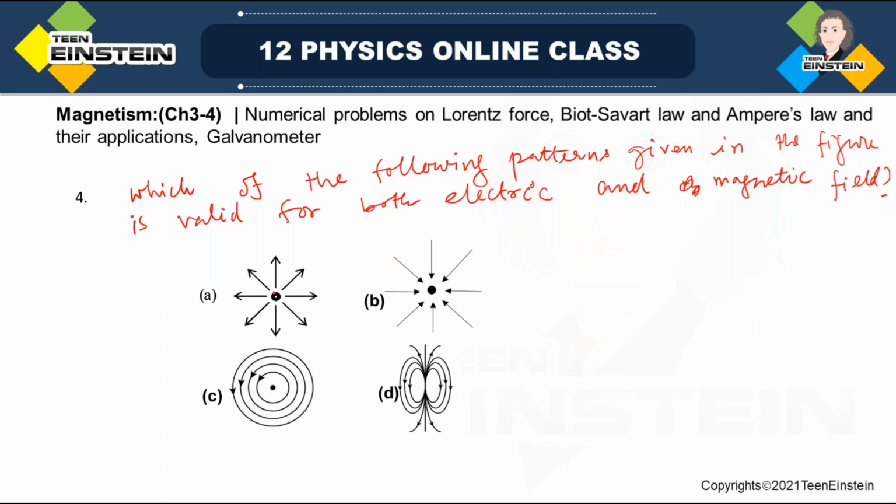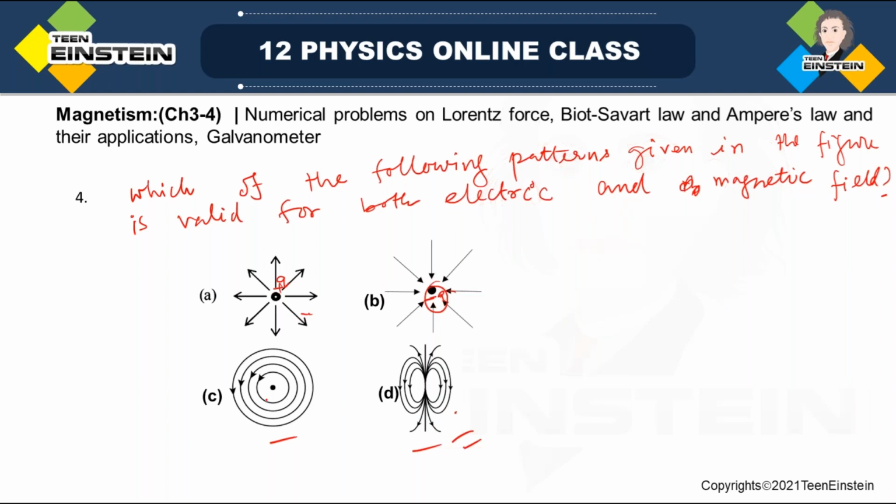See, this is for a positive charge particle because it is moving outward. This is for negative charge particle. This is for coming inward. Okay, and see, there are two things, this and this. The second thing is actually seen in case of solenoid. In case of solenoid, this pattern is being seen. So this is only for magnetic field. These two are only for electric field.